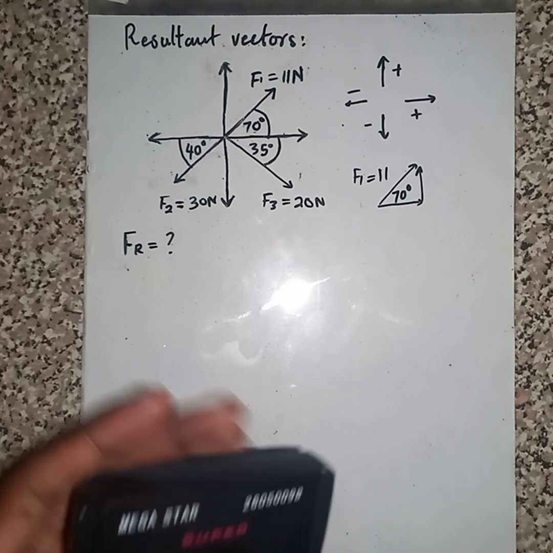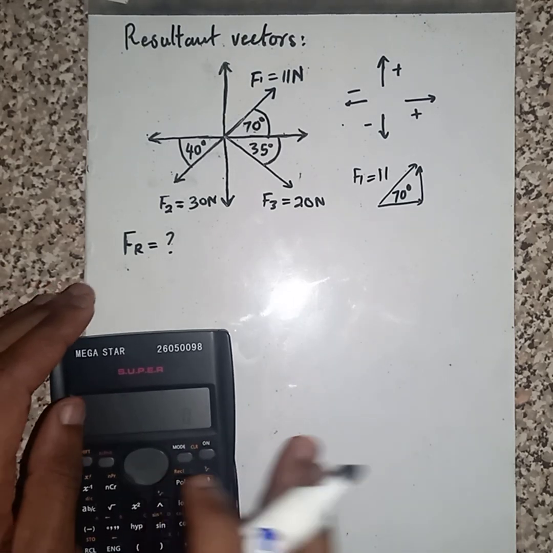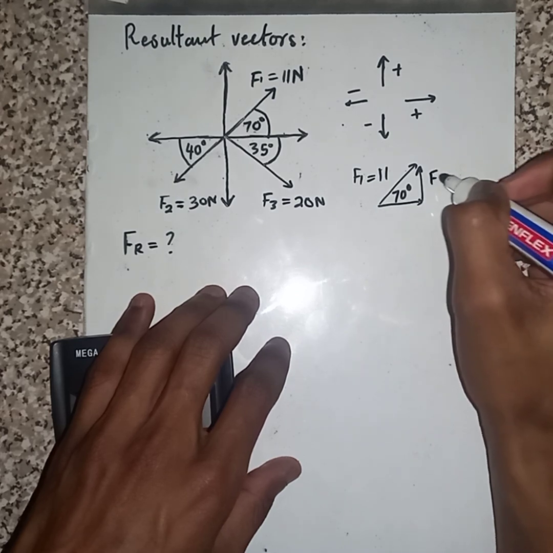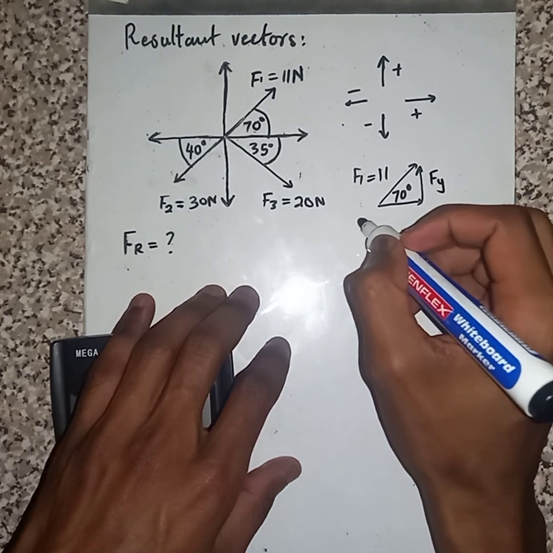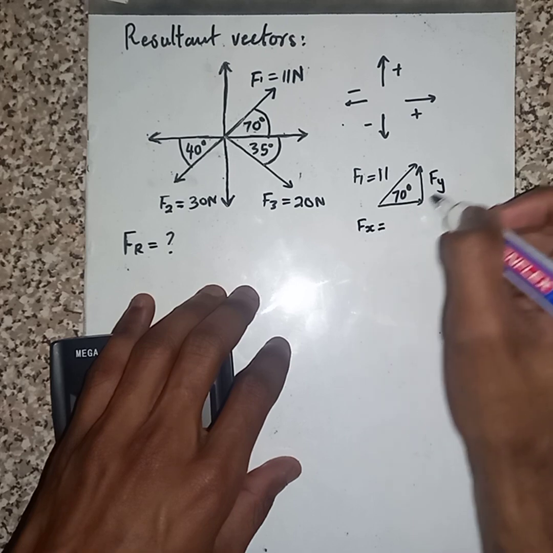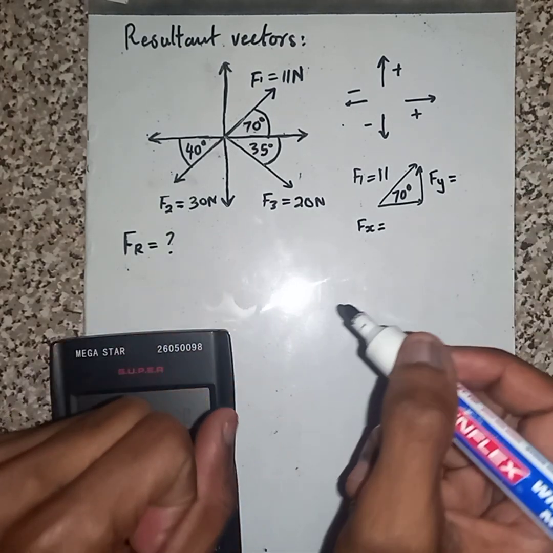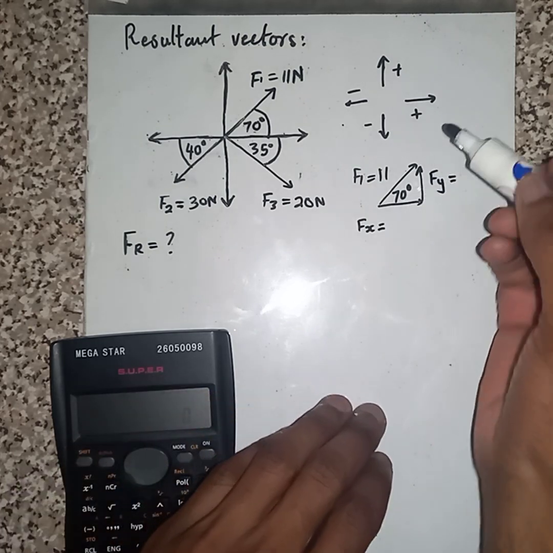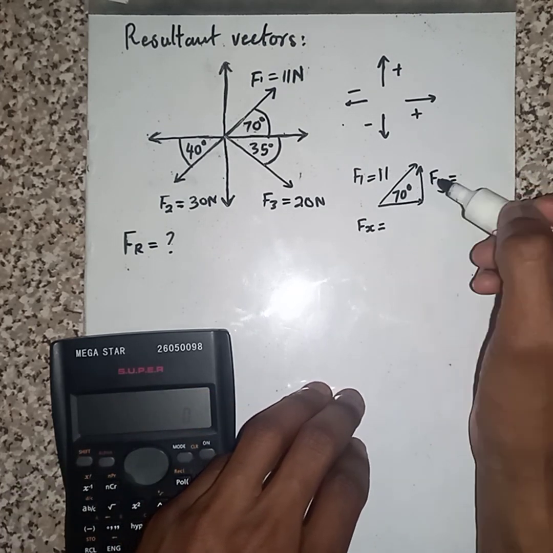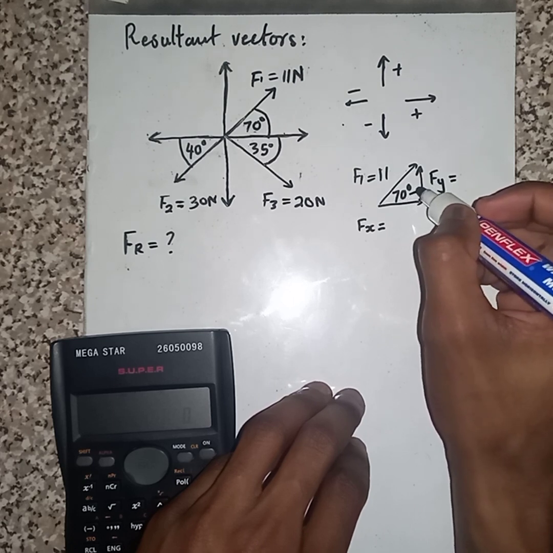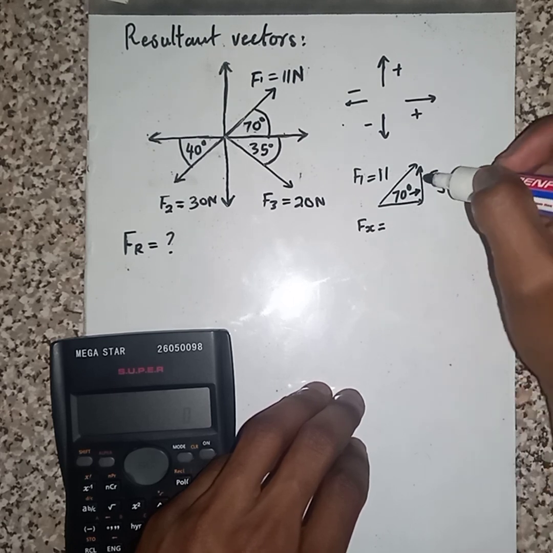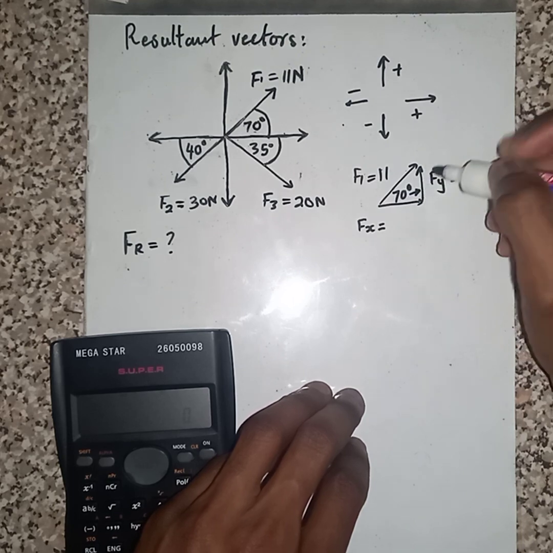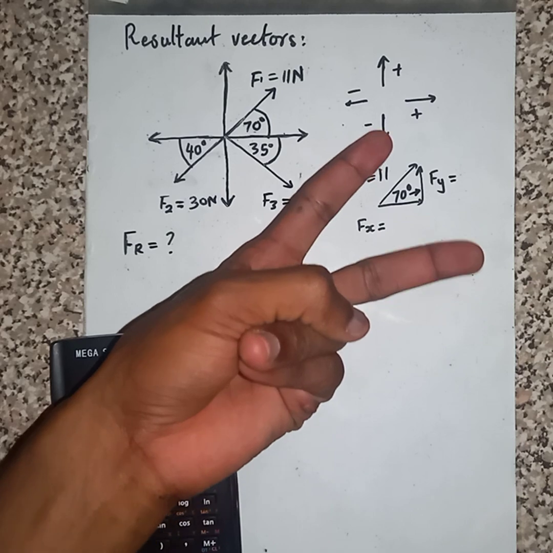From this diagram, we need to find the x component, Fx, as well as the y component, Fy, our horizontal component and also the vertical component. To find the vertical component, we are going to use sine. Why sine? Because this angle is opposite to this side.